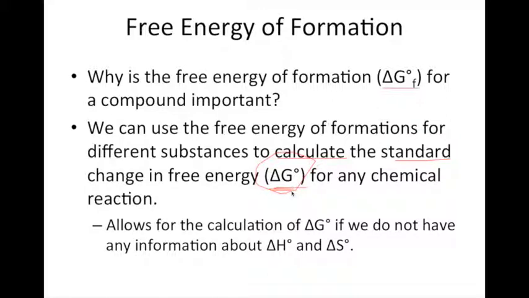So this gives us another way to calculate delta G, as we mentioned before, if we don't have information about enthalpy and entropy. The formula that we would use to calculate delta G using the free energies of formation is this. The change in free energy under standard conditions for any reaction is equal to the delta G of formation for the products minus the delta G of formation for the reactants.